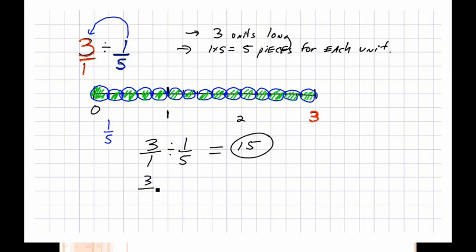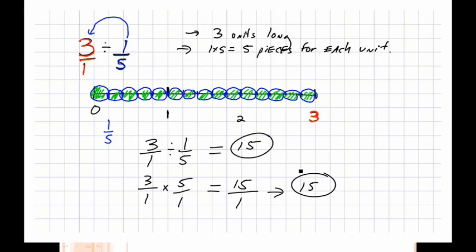That's 3 over 1 times 5 over 1 is 15 over 1. And 15 over 1 is just 15. So it's pretty simple. Make sure you know how long to make your number line. So once again, look at the larger of your fractions. You look at your dividend and your divisor. Look at the largest one.